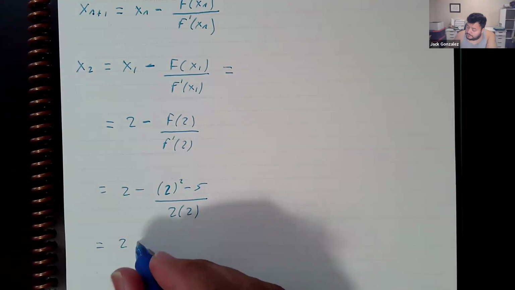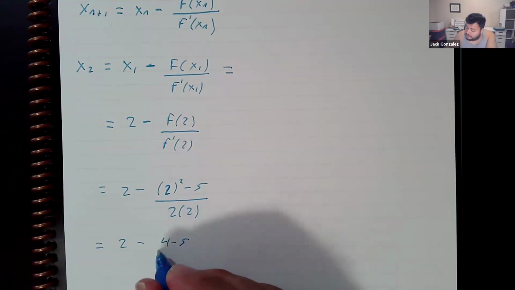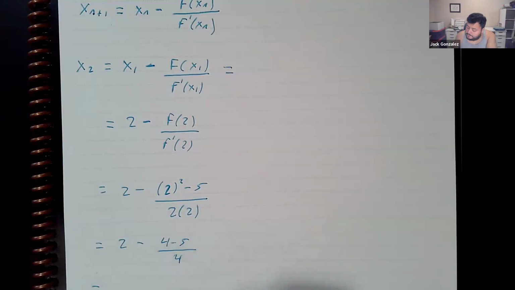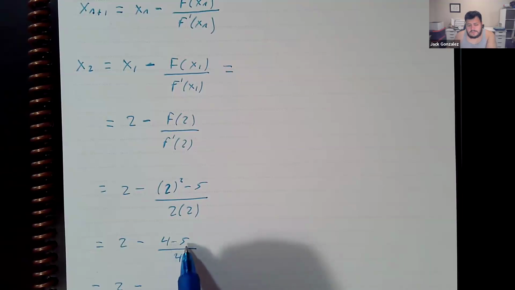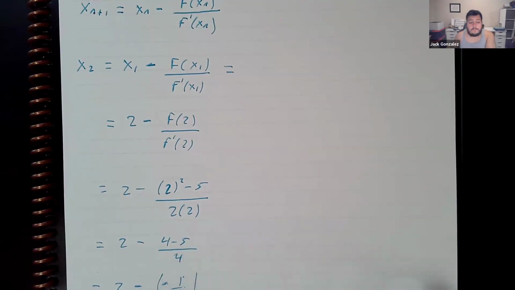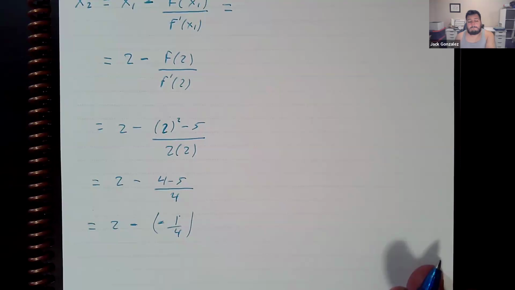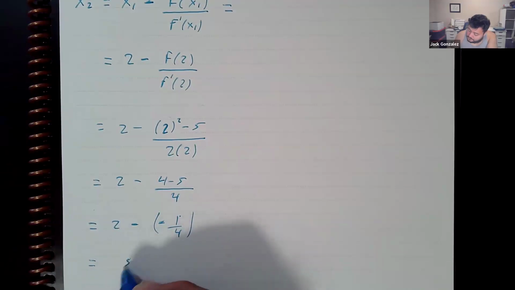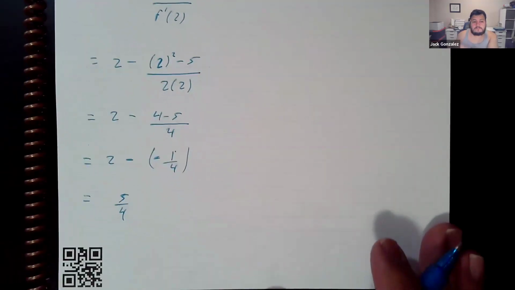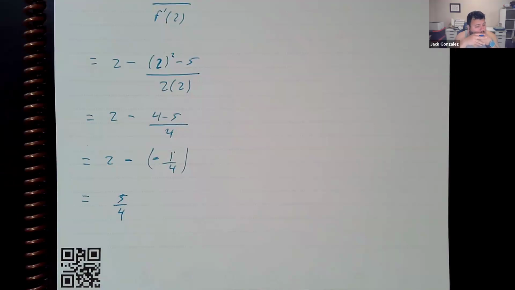So that'll be 2 minus (4 minus 5) over 4. So 4 minus 5 is negative 1, right? So negative 1/4, which is plus 1/4. What is 2 plus a 4th? 5/4, right?